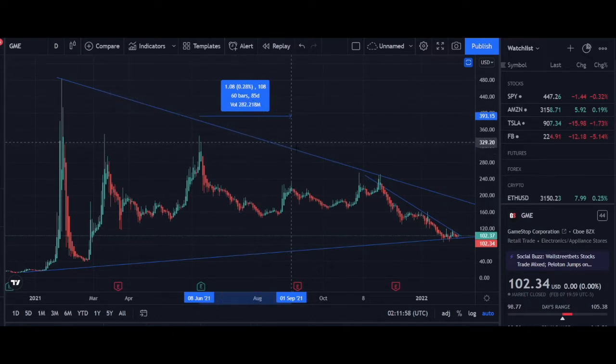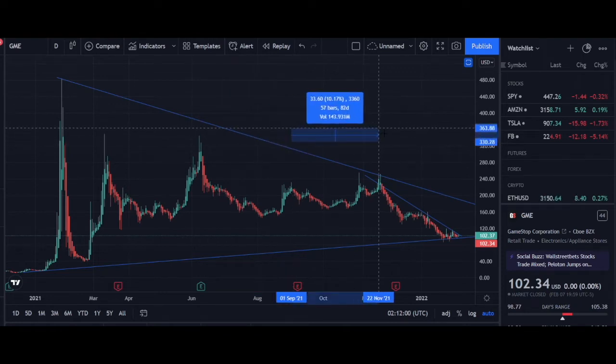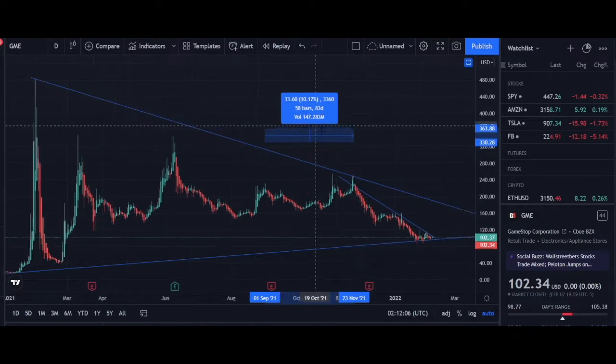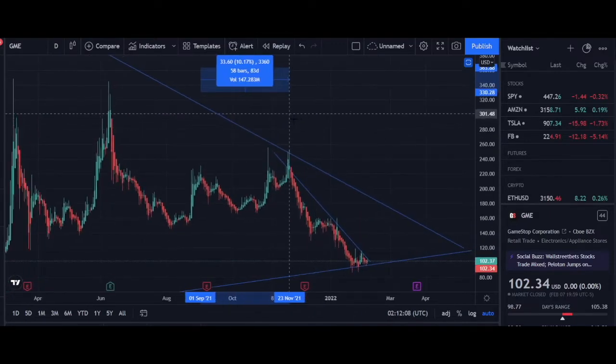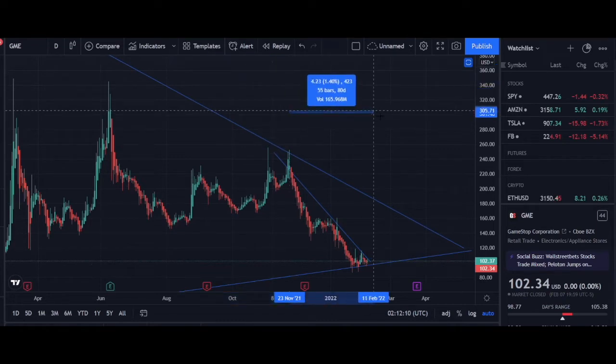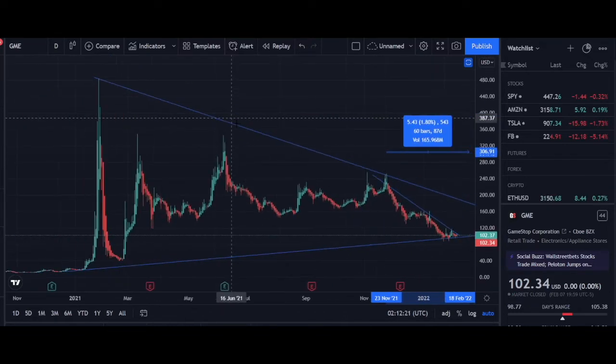If we go from this peak to this peak, 58 trading days and 83 calendar days. So using this method, let's see when our next peak should be. We'll go from this high and we'll take it out anywhere between 58 and 60 days, and that puts us just around February 18th. So now the question is, well, when do we start running up?